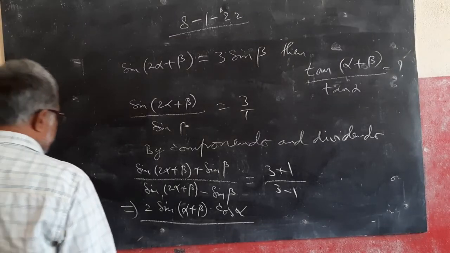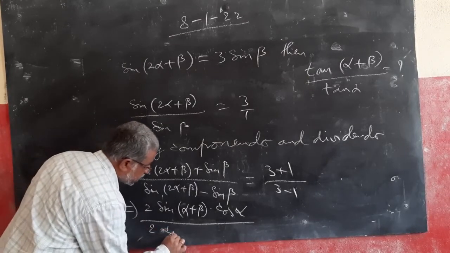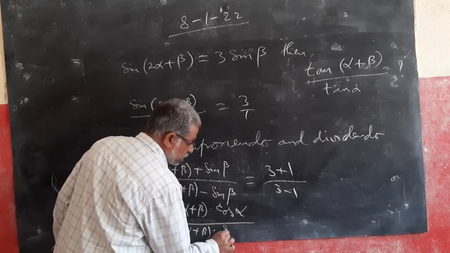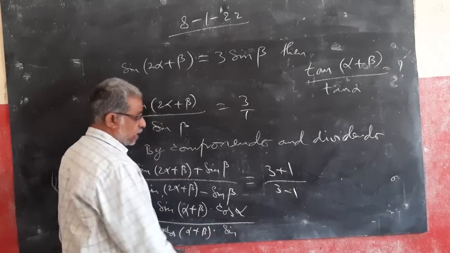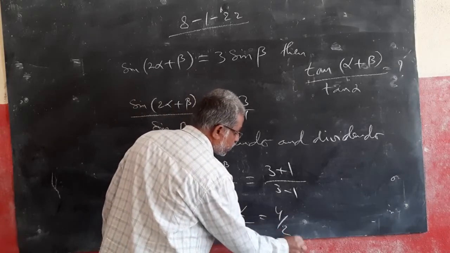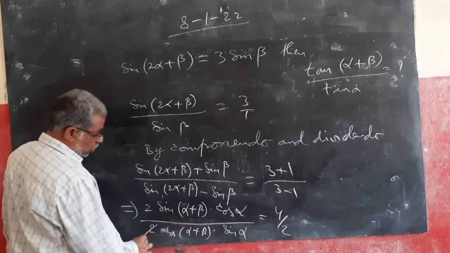2 cos (c plus d) by 2 into, that is 2 cos (alpha plus beta) into sin (alpha minus beta) by 2, that is automatically sin alpha equal to 4 by 2. Now this 2 will cancel.